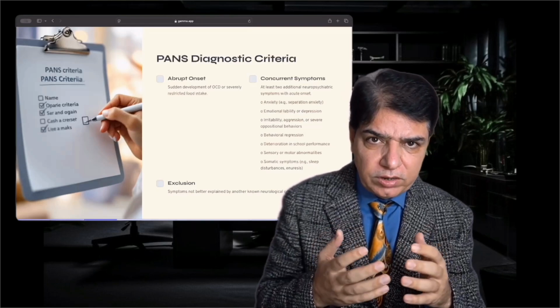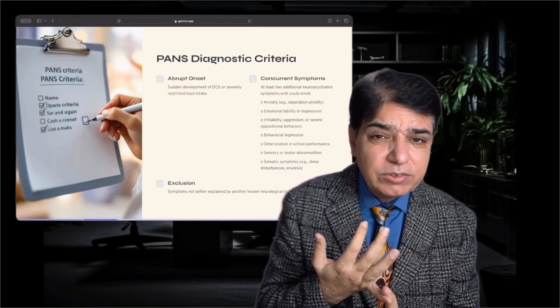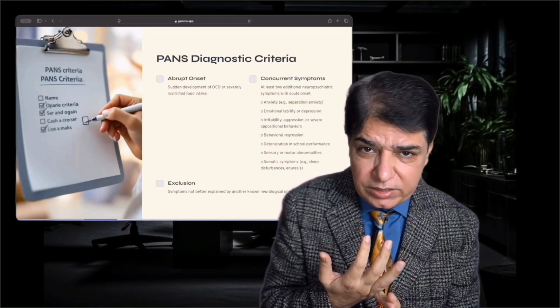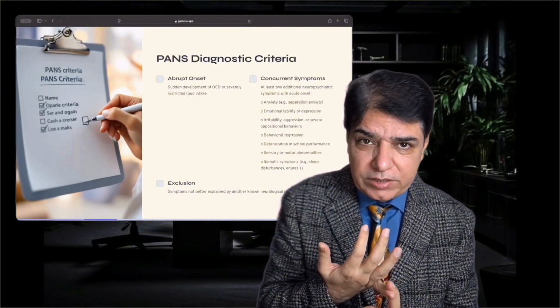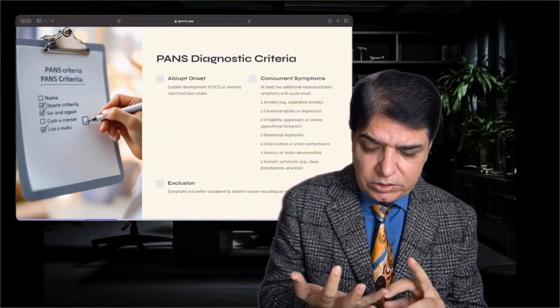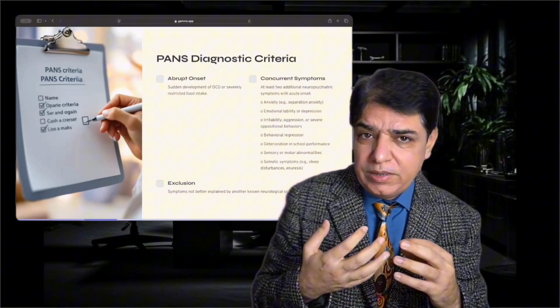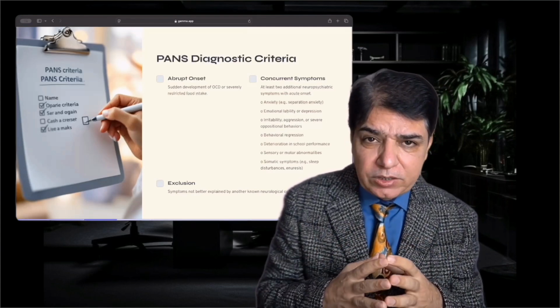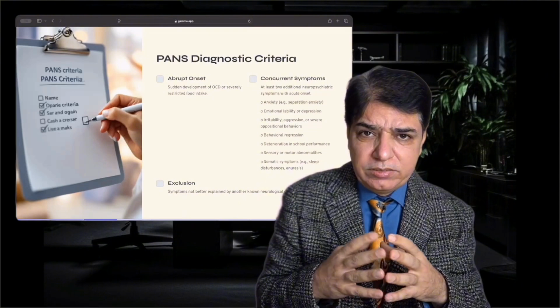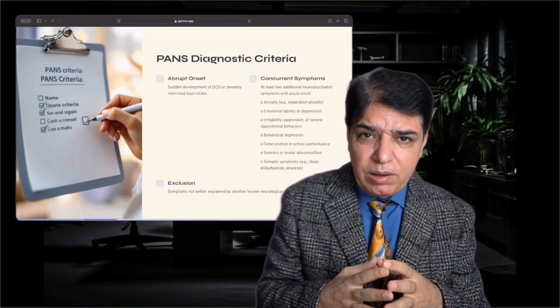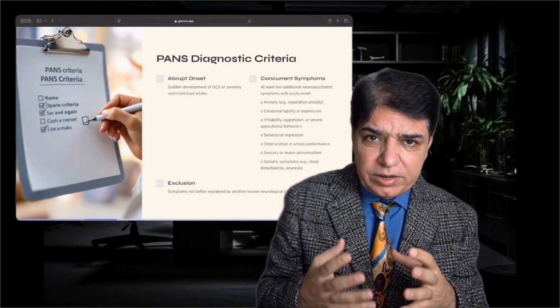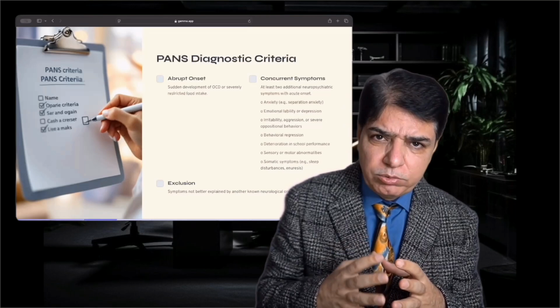So what are these concurrent symptoms? A child might be having anxiety, which in most of the cases is separation anxiety, like the child is very much fearful that he might be separated from the parent. The child might have what we call emotional lability, or might be having an element of frank depression. The child might exhibit irritability, might have violent behaviors, aggression, or might show severe oppositional behaviors.